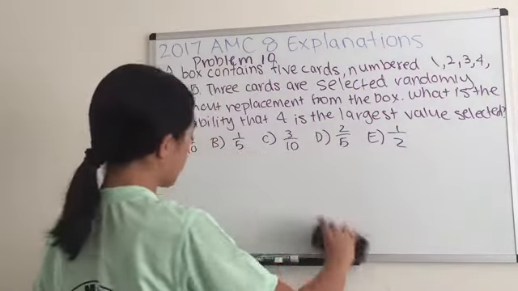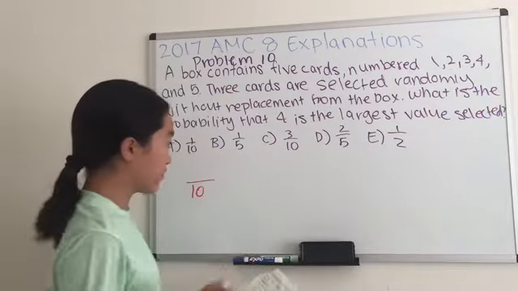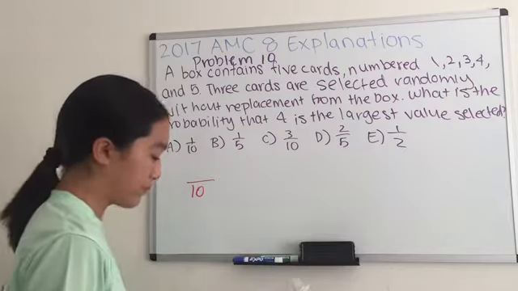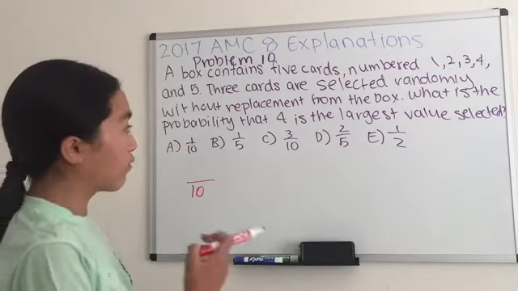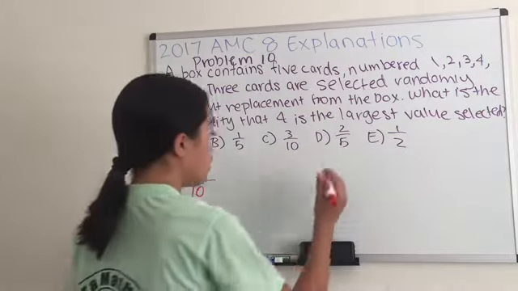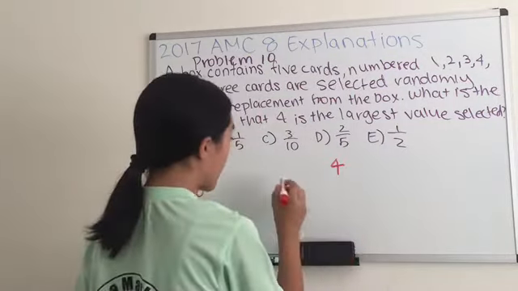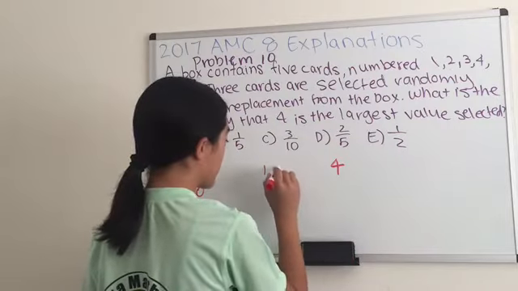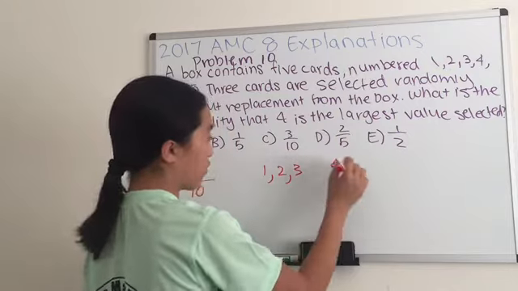Now that we have 10 total possibilities, our answer will be out of 10. So now in order to find out the probability that 4 is the largest value selected, 4 will be one of the choices selected, but after that we only have 3 more options, which is 1, 2, and 3, and only 2 of these will be picked to match with 4.